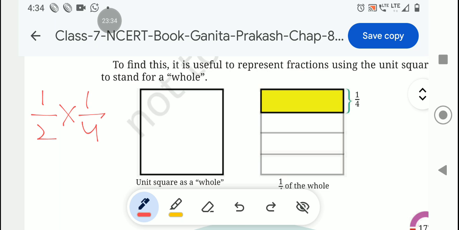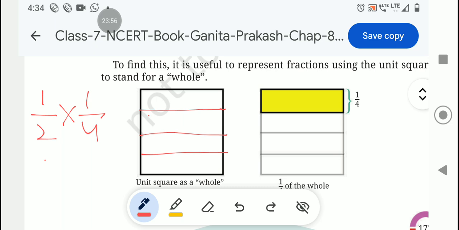First you have to take 1 by 4 as rows. 1 row, 2 rows, 3 and 4. Wait, I'll write properly. 1, 2, 3, 4. Okay.